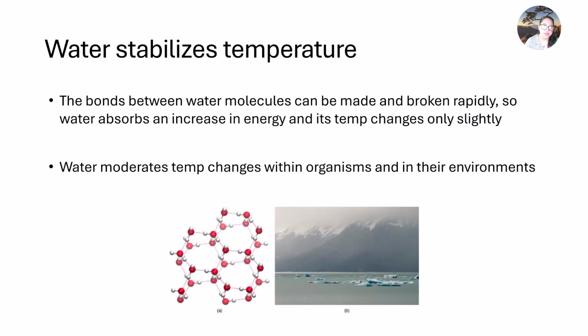So in the big picture, water helps moderate temperature changes within organisms and also in their environments. If it's a hot day, like it has been, then you will drink water to help cool down because the water molecules will absorb that heat and help dissipate it and moderate temperature changes within you.